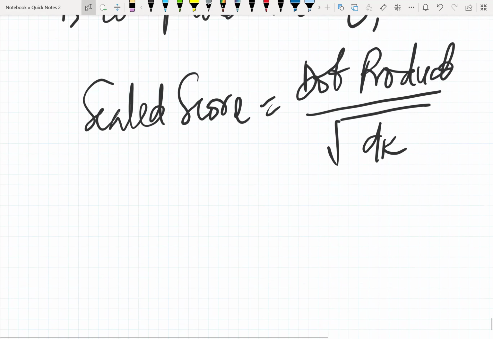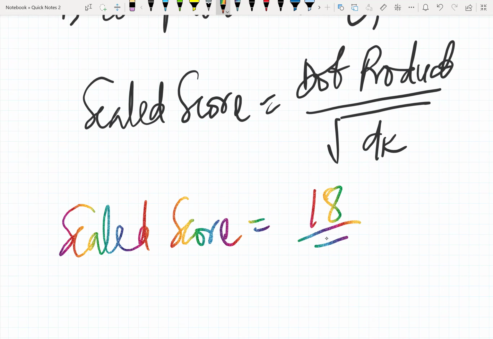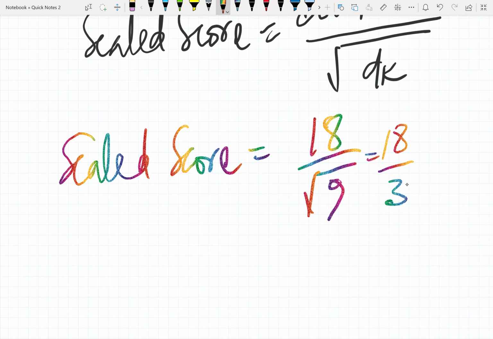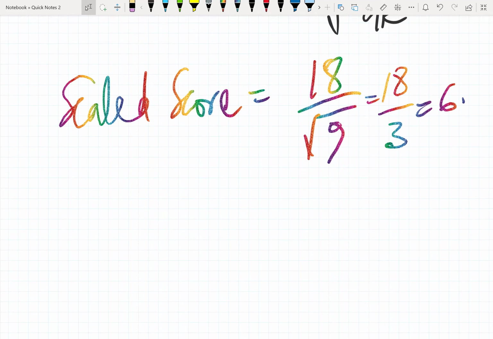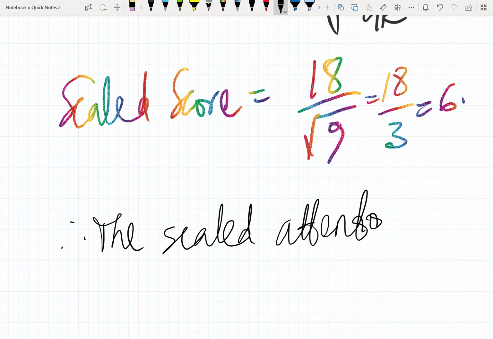So the scaled score is equal to the dot product, which is 18, all over the square root of 9. So that is 18 over 3, which is 6. So the scaled attention score is simply 6 here.